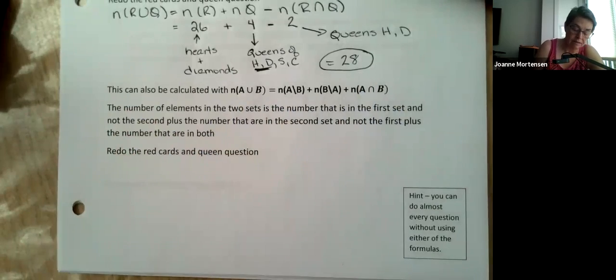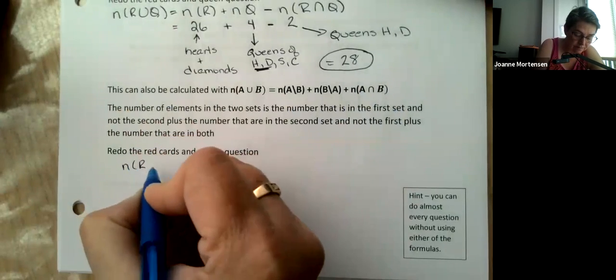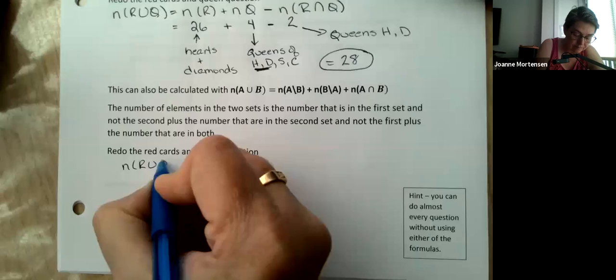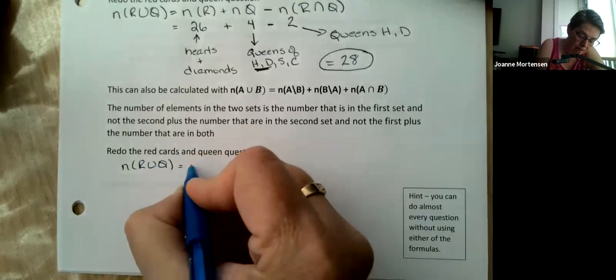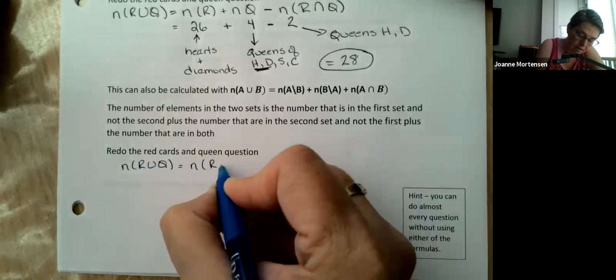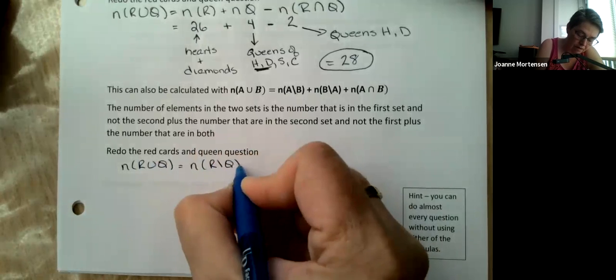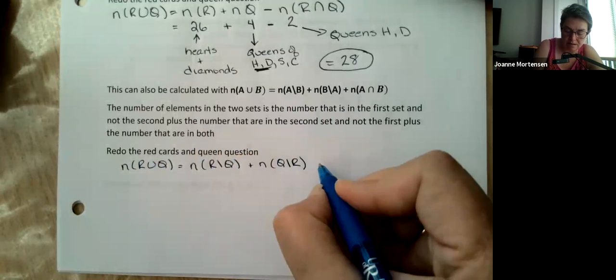Let's talk about it with the red and queens, and it'll make more sense. I'm still looking for the union, which is the or. Now we're going to go red but not queen, plus the number of, now see how it flips, queen but not red. Remember, the but not matters with the order.